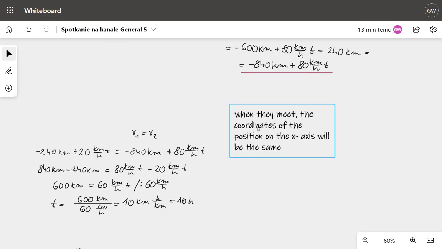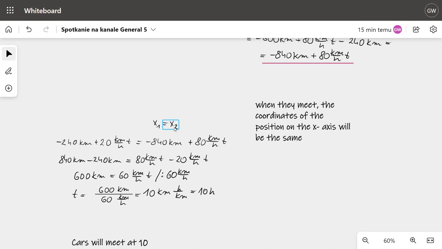When they meet, the coordinates of the position on the x-axis will be the same. So, x1 equals to x2. We put here right sides of equations of motion and calculate time the cars met. Cars will meet at 10 o'clock.